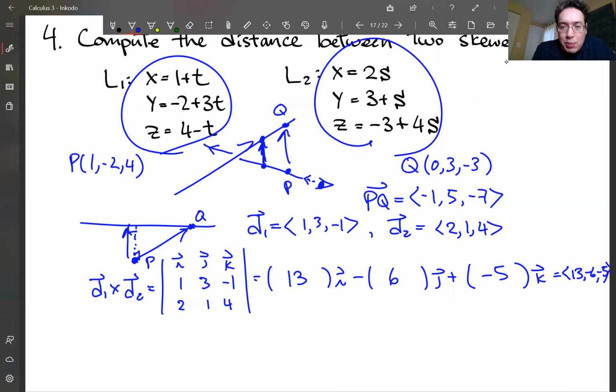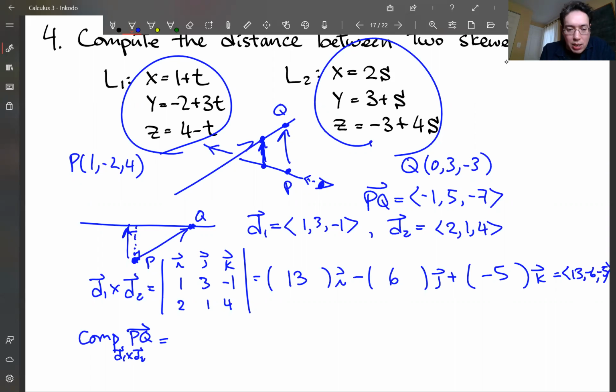So all we have to do now is take the vector PQ and project it in this direction. The component of PQ in the direction of this D1 cross D2.